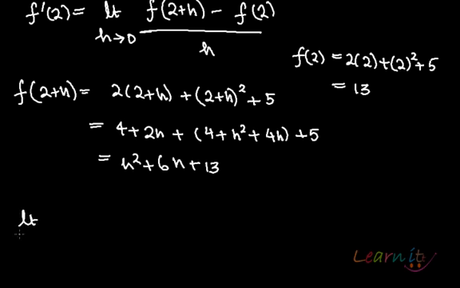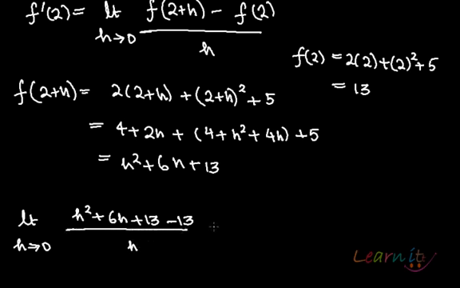So the limit as h tends to 0 of, f(2 plus h) is h square plus 6h plus 13, minus f(2) which is 13, divided by h.